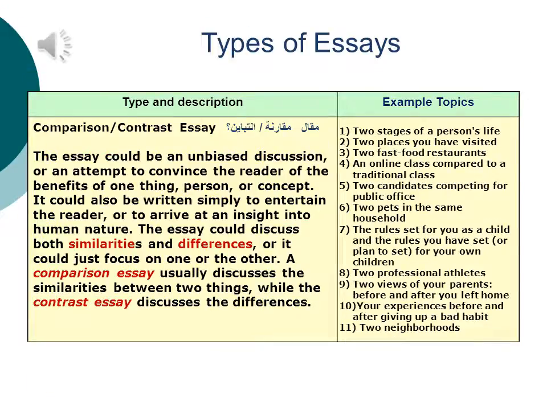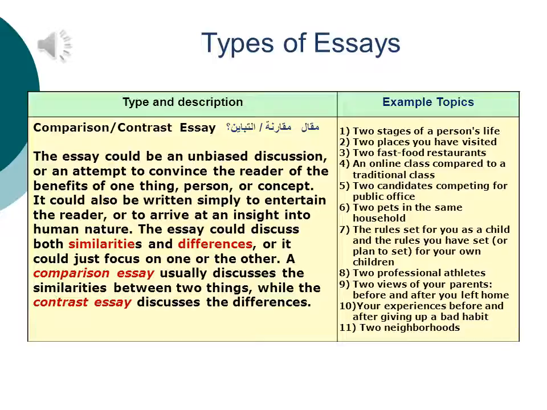The next type of essay is comparison-contrast essay. The essay could be an unbiased discussion or an attempt to convince the reader of the benefits of one thing, person, or concept. It could also be written simply to entertain the reader or to arrive at an insight into human nature.